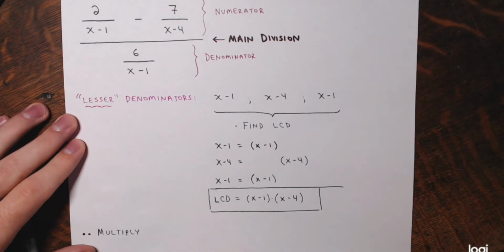That way, you get an equivalent fraction. So multiply the numerator and denominator by the LCD that we just found.